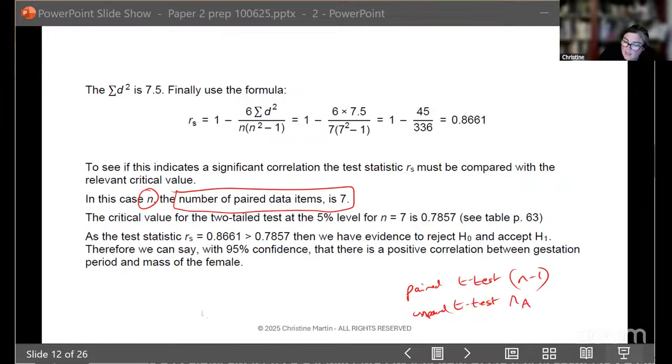So you've got NA plus NB minus 2, that should say, not 1.